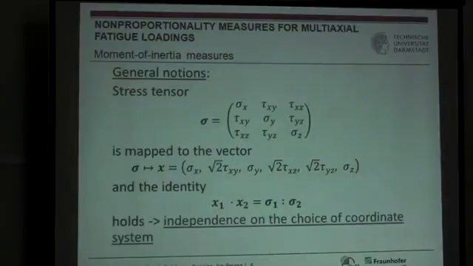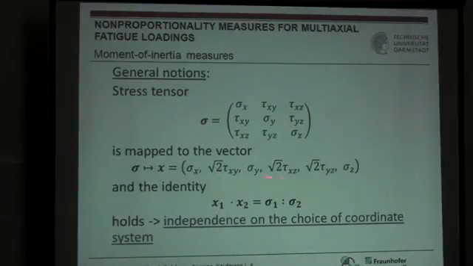Okay. So now I start with the non-proportionality measures which use the moment of inertia tensor, and some general notions I need to introduce. This is the usual shape of the stress tensor, and in order to apply the measures, it's transformed into a vector with 6 components, and the shear stress components are weighted with the square root of 2.